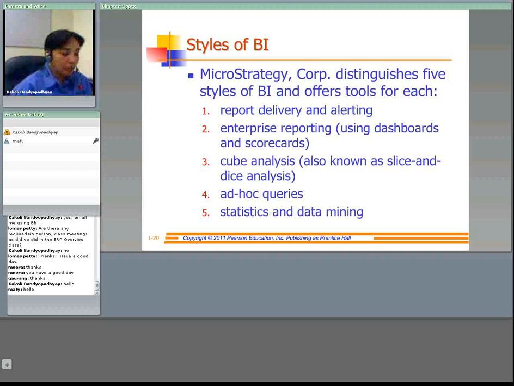We talked about RFID, which is the next generation BI application, along with web mining, text mining, and so on. We talked about major tools and techniques of BI. And also we talked about the major BI vendors: SAP, Oracle, IBM, MicroStrategy, Teradata, and so on.